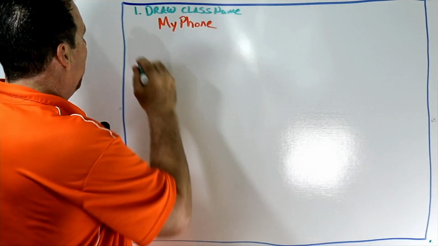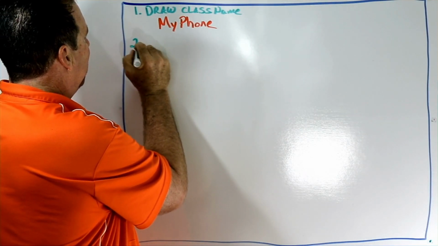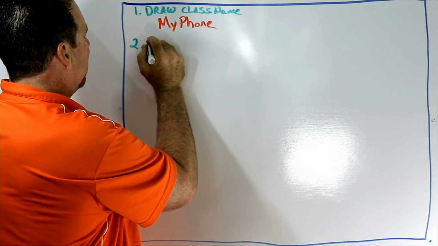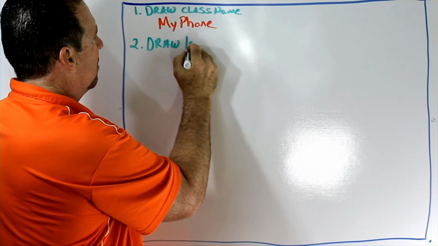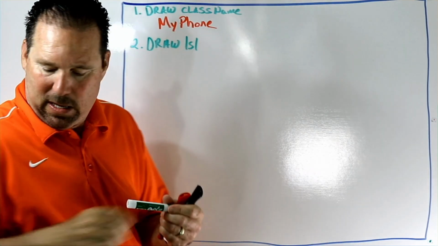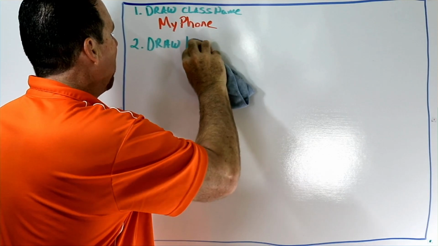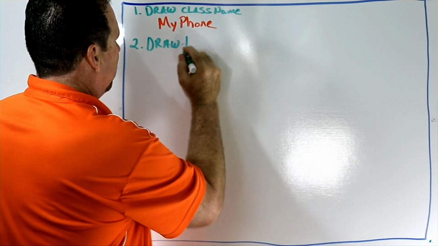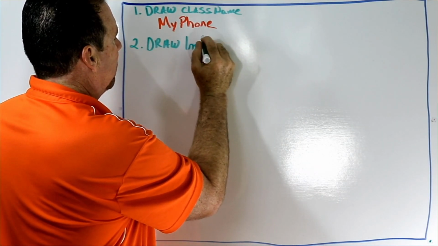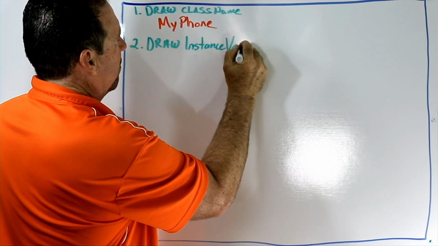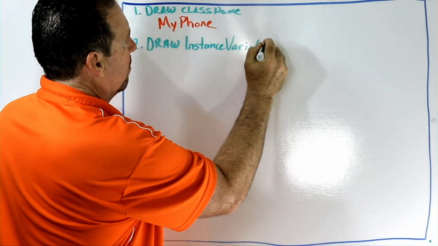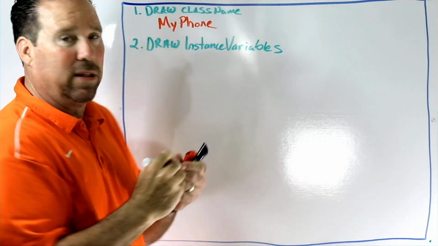Okay, the second thing you got to do in class composition model is draw your instance variables. Make sure you spell it right. Okay, so let's go ahead and draw that.